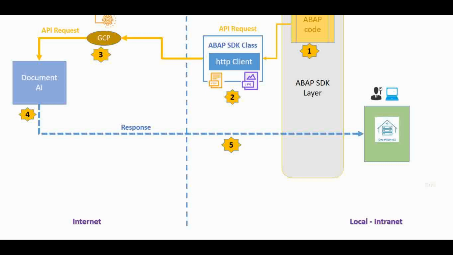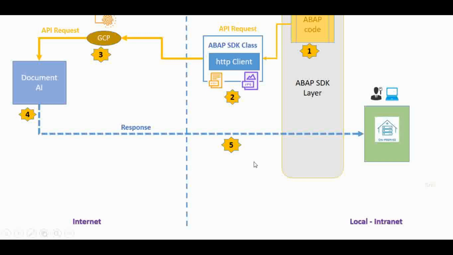And in the next video, I'm going to create an SAP program which will use this processor and pass the document to the console where the processor is already defined. So this processor ID will be connected to this processor, and based on the training, the schema of data which we trained, it will read from this document and your values will come back.